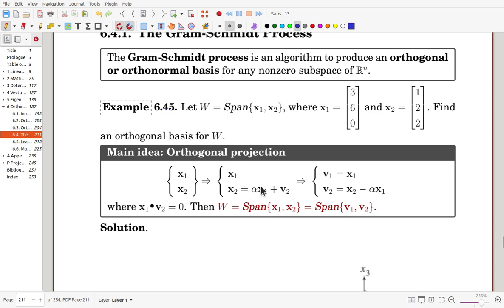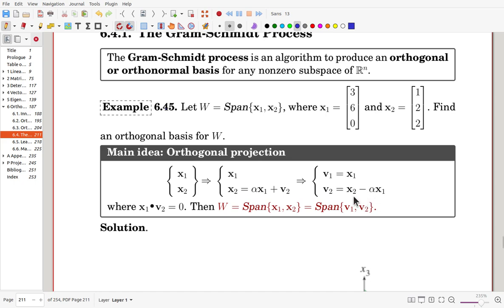So x1 dot v2 must be 0. Of course, v2 is non-zero because x1, x2 are linearly independent. Okay, we rewrite here. v1 is x1, and v2 is x2 minus alpha x1.